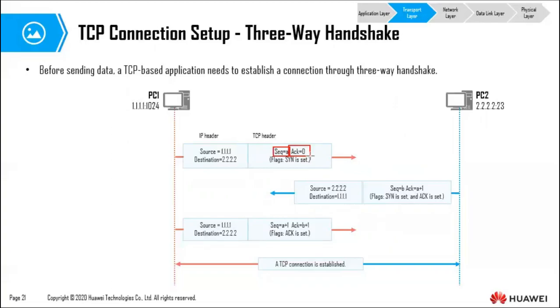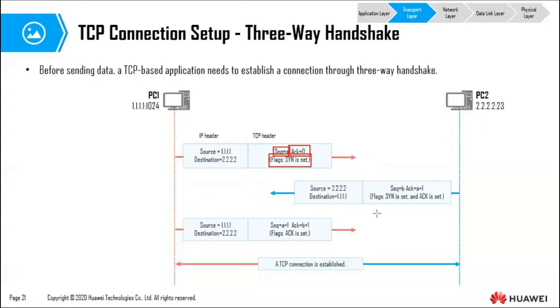That's why it is 0, because we've not received anything from PC2. And on the flags field, we are going to set the SYN flag. I'm sorry, it's called a flag. The SYN flag is going to be set.